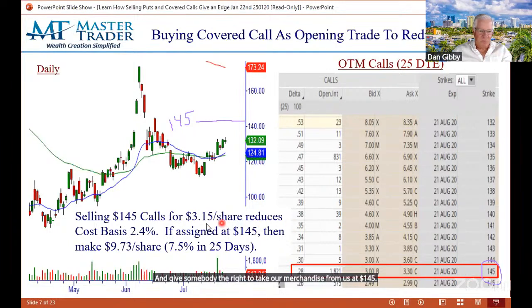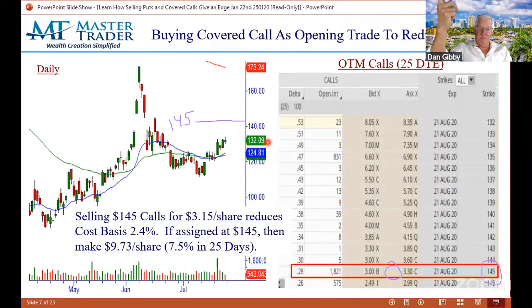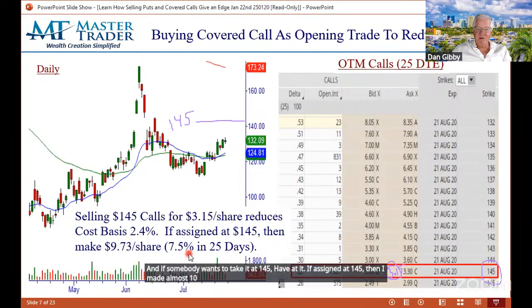I just use the midpoint here, just for conversation. We are taking in $3.15 a share, which is a reduction of our 132. And if somebody wants to take it at 145, have at it. If assigned at 145, then I made almost $10 a share, 7.5% return.